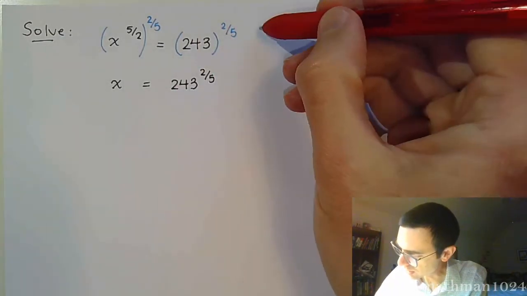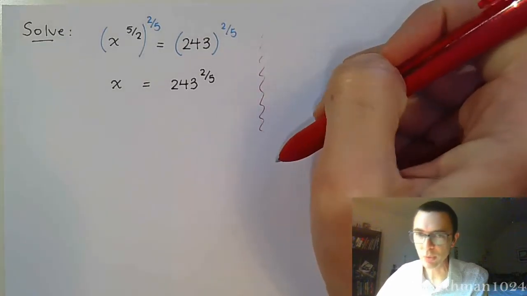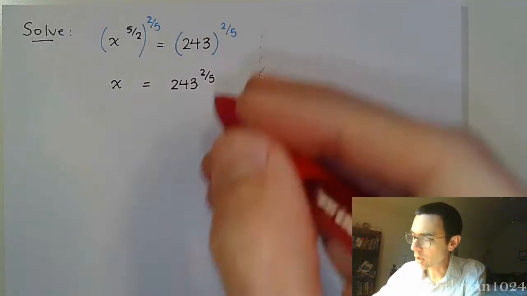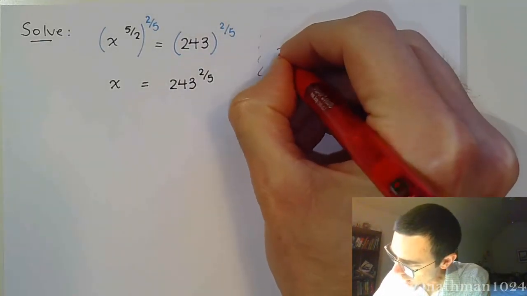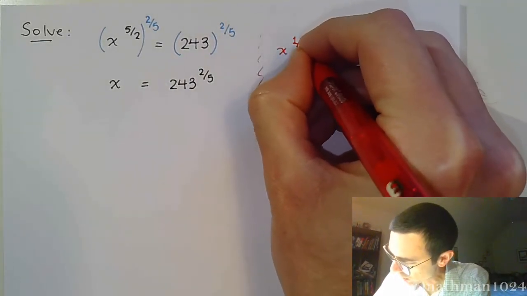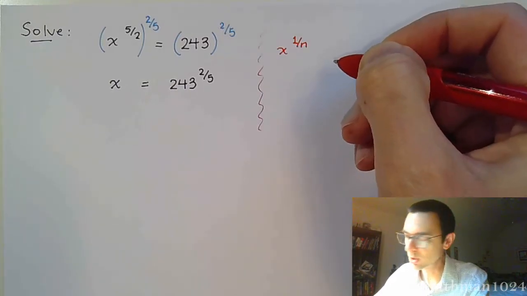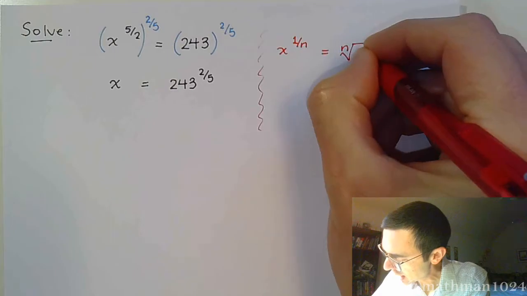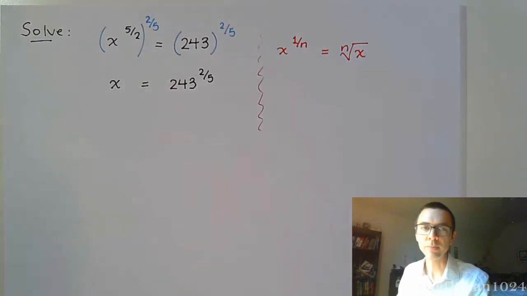Now, in order for us to work this out, we need to remember certain things about radicals. We talked about this last week when we did a review for radicals, so it's a good idea to bring it up again. When you have x to a rational power like this, x to the 1 over n, this can be translated as the nth root of x.